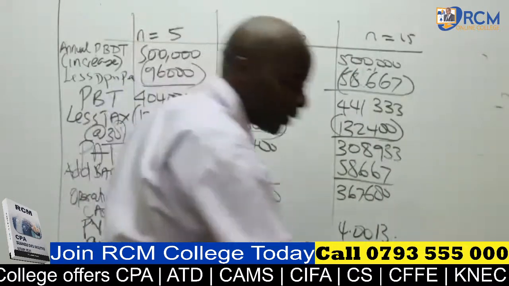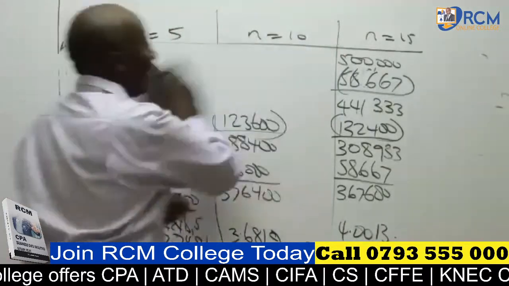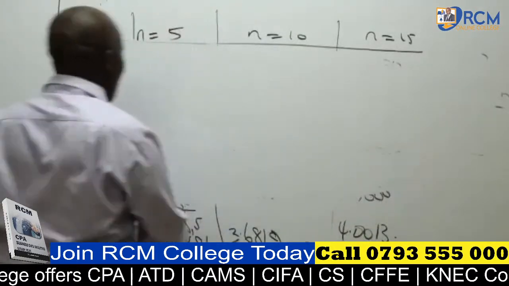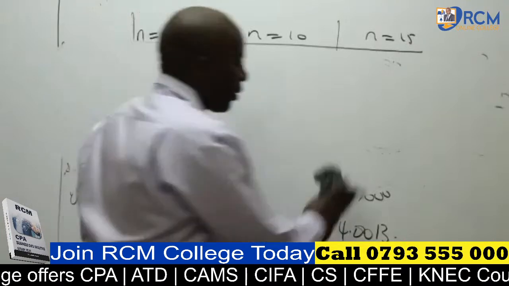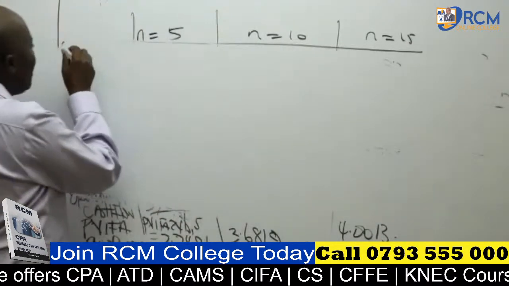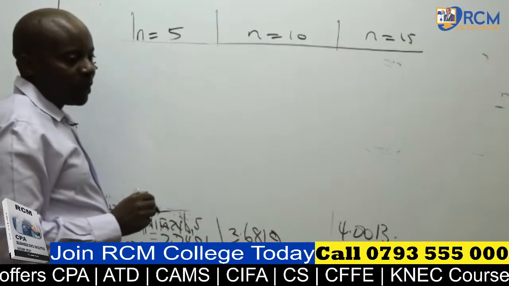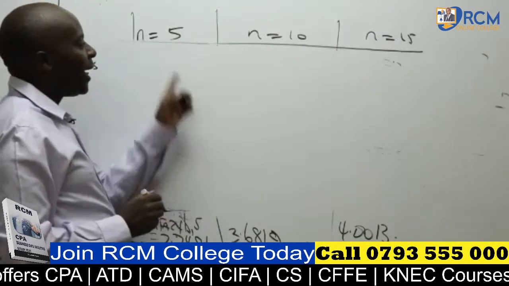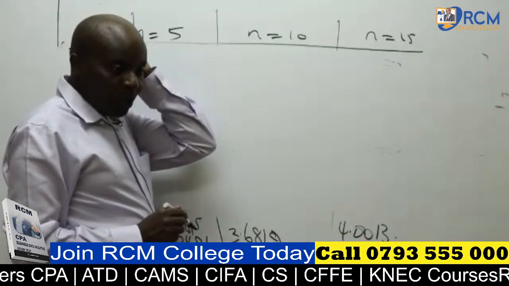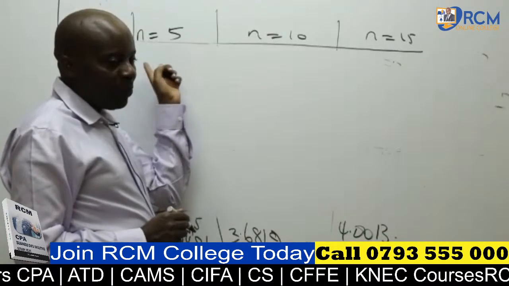So here, terminal cash flows, the TCs. So when N is 5, is there anybody who is able to remember what the scrap value was?